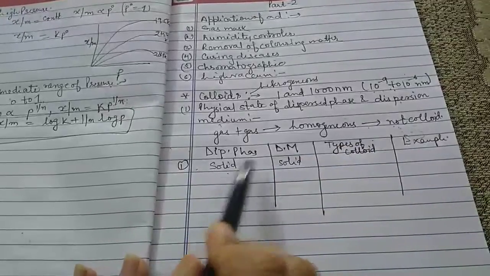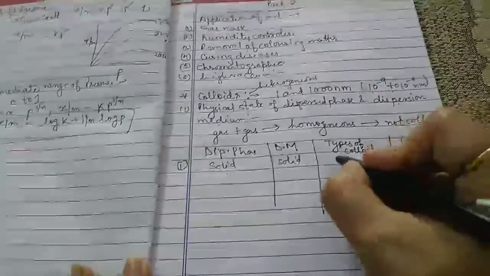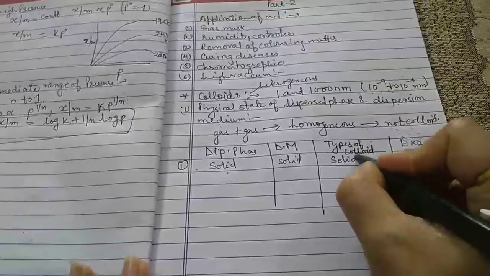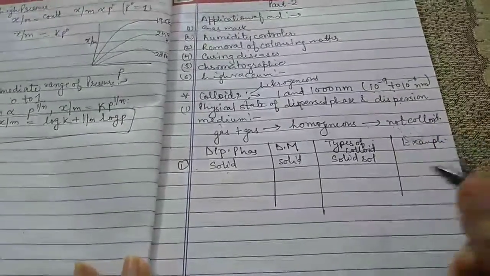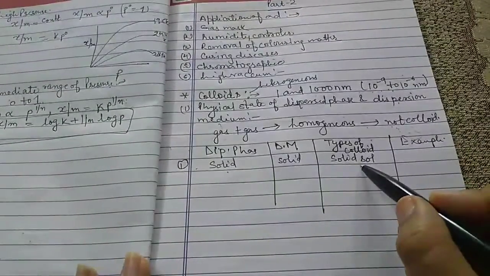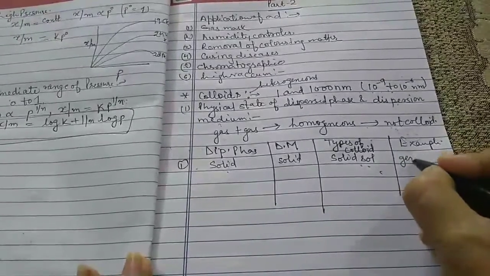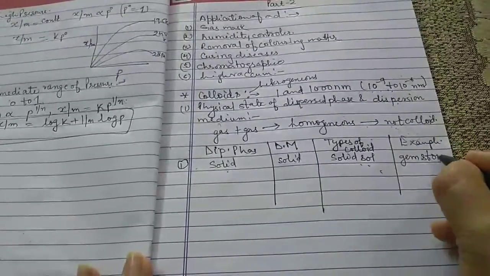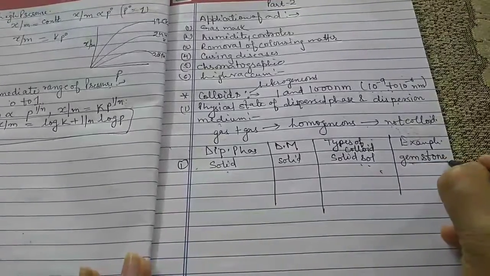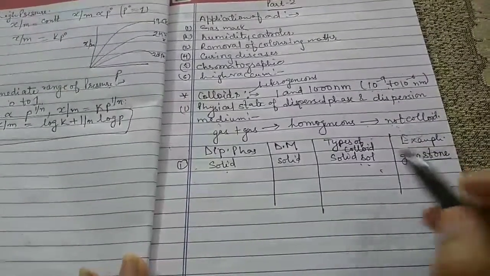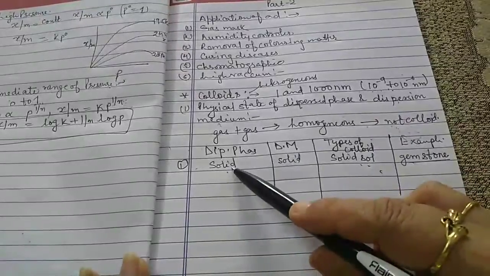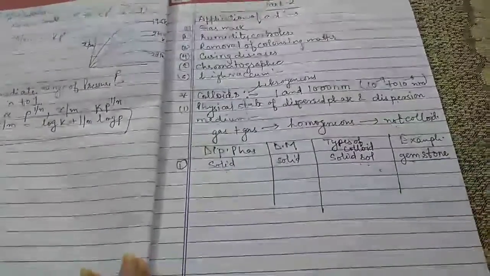When one solid is mixed with another solid, we get solid sol. The type of colloid is solid sol, and examples are gemstones. We all know about gemstones, and colored glasses. These are all examples of solid sol.